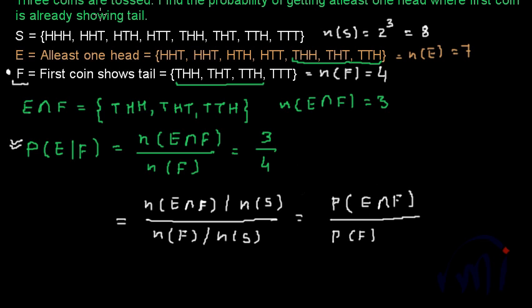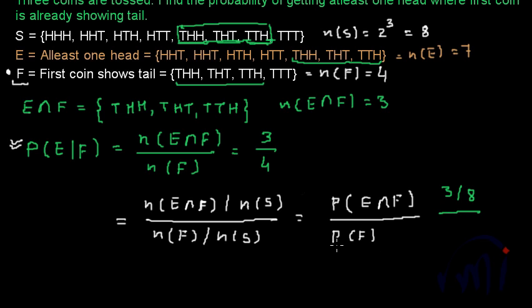See, here if we take the sample space S and talk about all the possible outcomes where we have at least one head and tails on the first coin, so these are the possible outcomes where we have tails on the first coin and at least one head, right? So the probability of this event happening, where there is tails on the first coin and at least one head, is 3 out of 8, right?